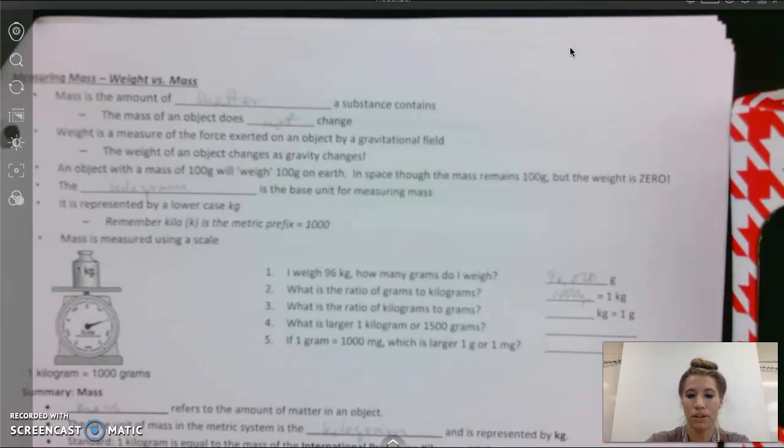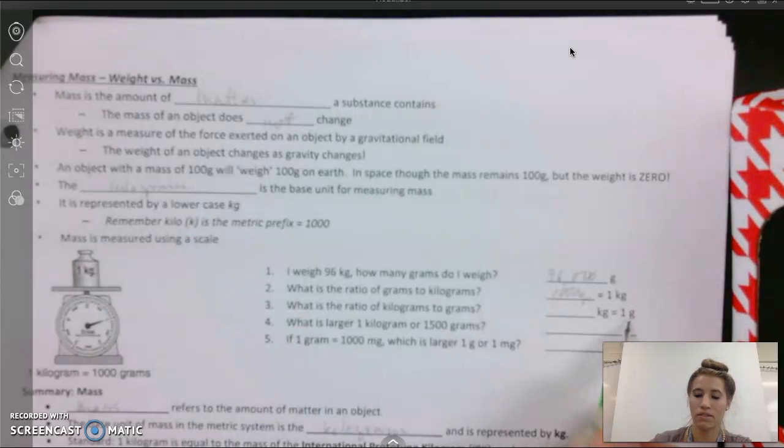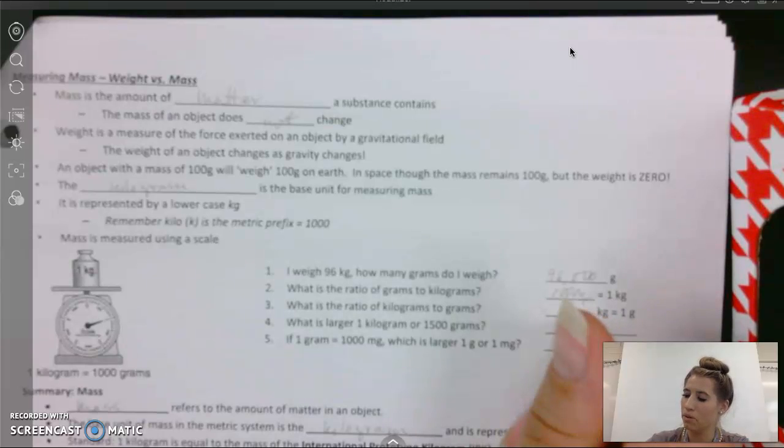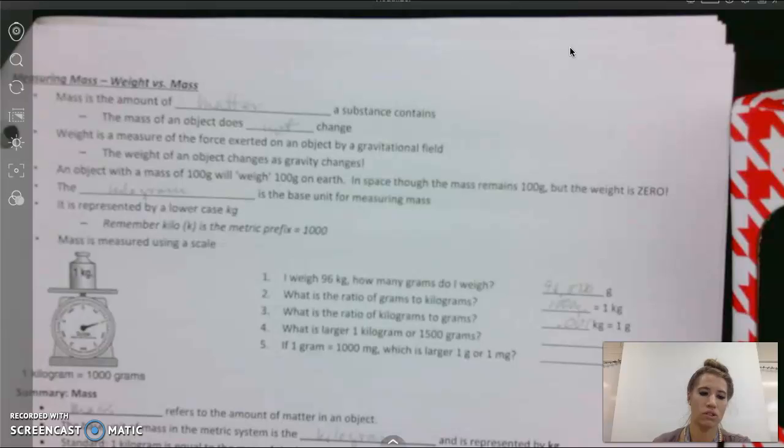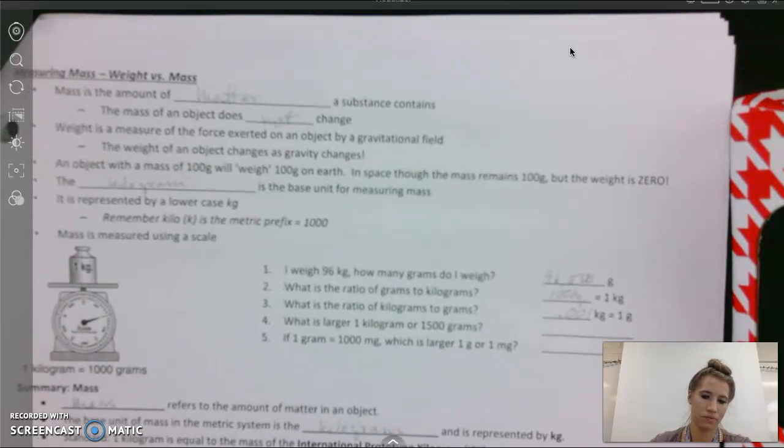And what is the ratio going the other way? Now we have this small base unit, and we're comparing it to a large kilogram, so it only would be 1/1000th of a kilogram. Go ahead, give those two a try, and we'll keep going.